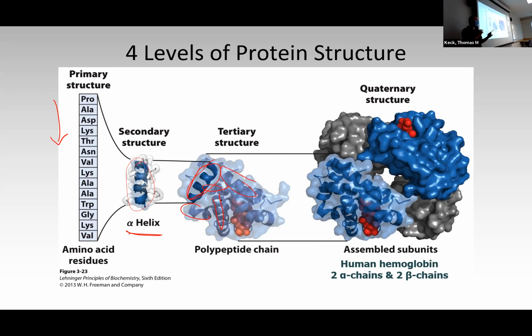Now, this is an example of a protein that always, in its most active state, in its properly active state, has a quaternary structure. This is human hemoglobin. Human hemoglobin actually has two genes that produce the final mature protein.